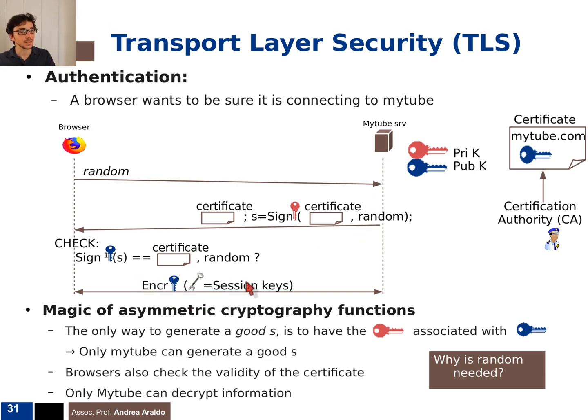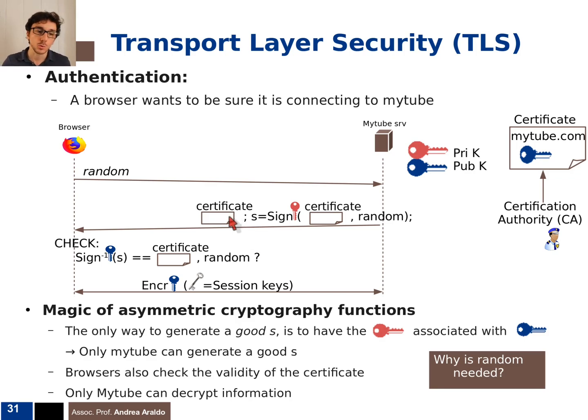Then there is another phase that starts with the exchange of symmetric cryptographic keys, and this phase starts here visually, and from this point on all the content will be encrypted with the session keys. So private and public keys will not be used anymore from this point on, but these session keys, which change every time, will be used to encrypt the actual content.